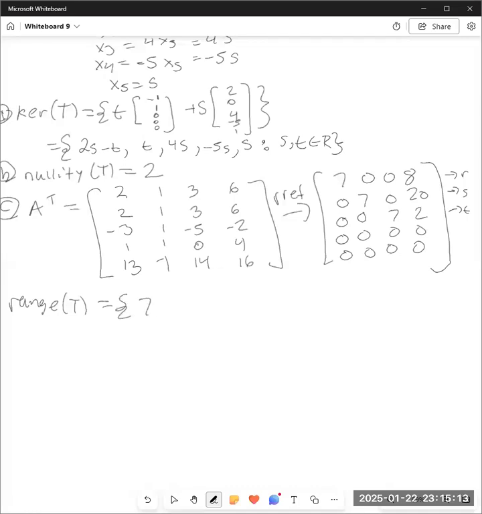So this is 7r, 7s, 7t, and 8r plus 20s plus 2t, with r, s, and t being real numbers.